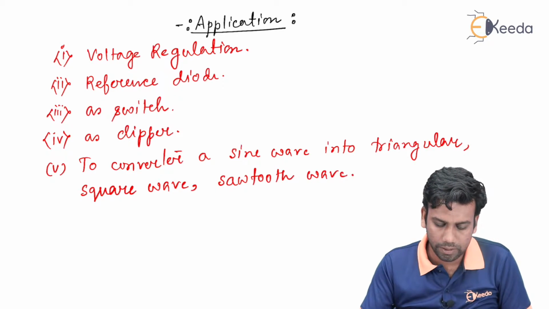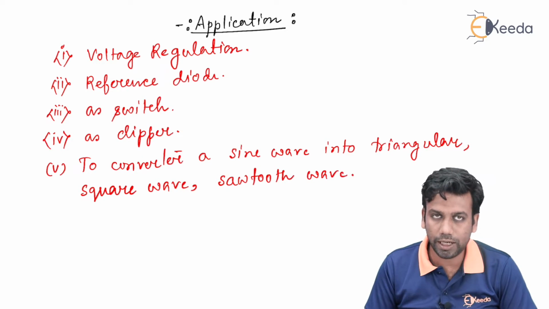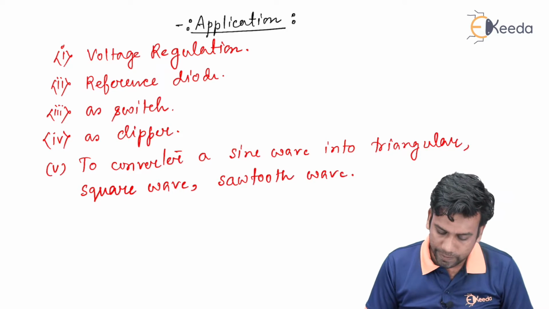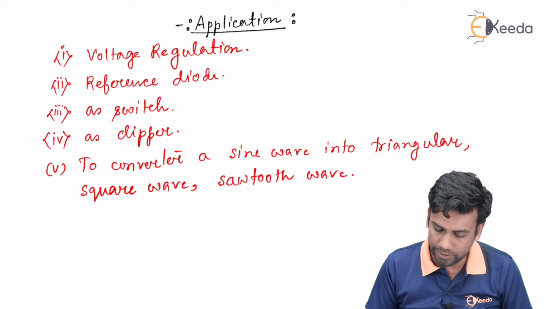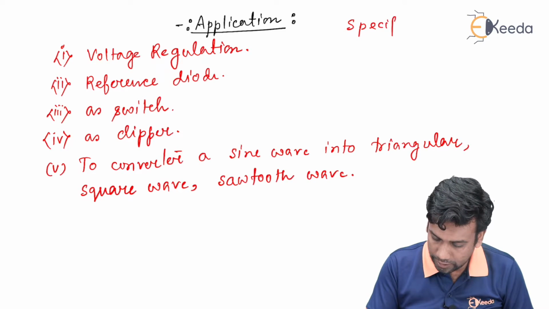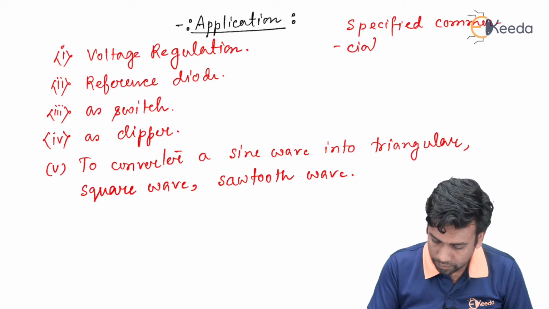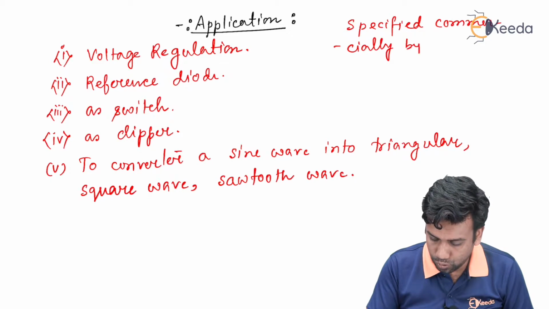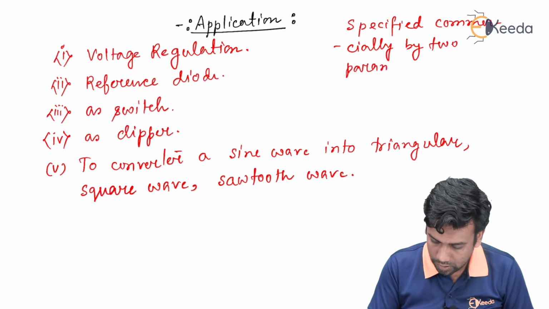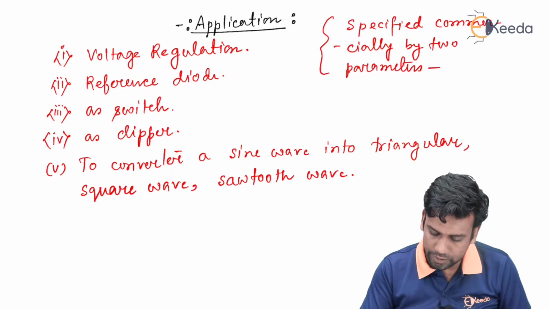Now, commercially these Zener diodes are specified by two parameters. What does it mean?